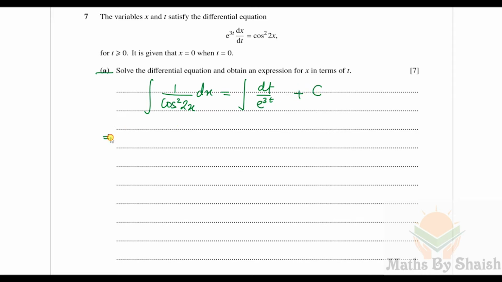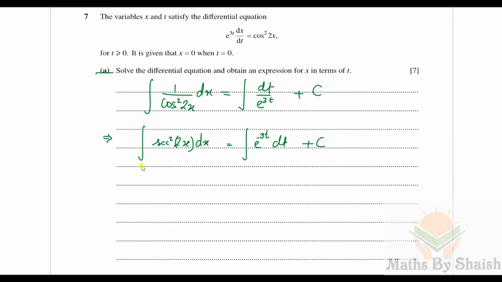Now let's integrate it. It is going to be sec square 2x dx is equal to e raised to the power minus 3t dt plus c.